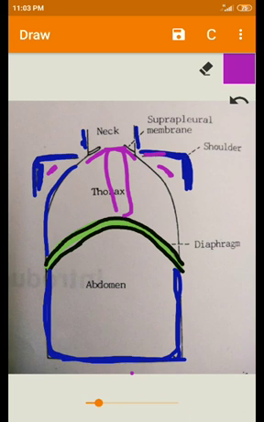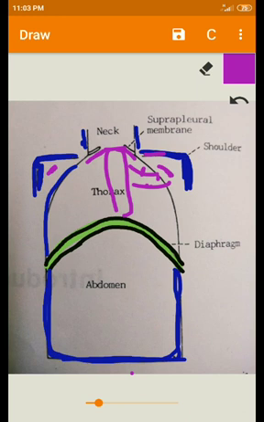Okay. In adults, the ribs may be fractured by direct or indirect violence. So indirect violence means crushing injury.